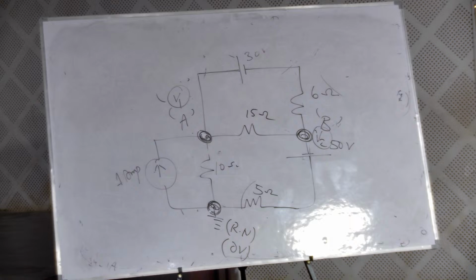That is 1 ampere. Applying KCL at junction A.